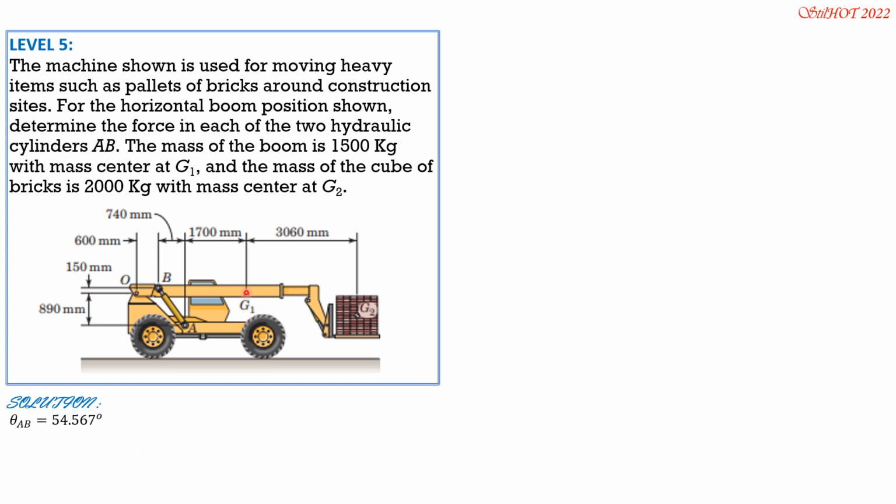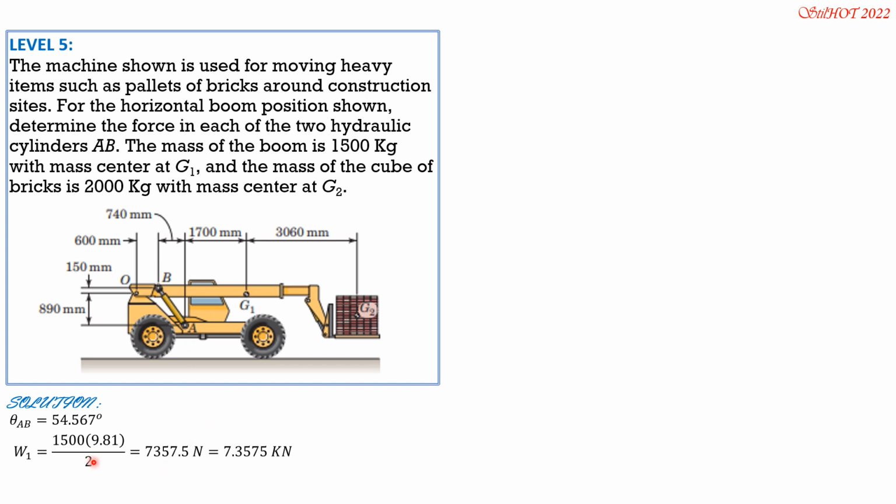So weight 1 is mass divided by 2 times 9.81 in Newton. So 1,500 times 9.81 over 2. We divide it by 2 so that we can solve for the force in AB alone. Take note, there are two hydraulic cylinders AB. So we only transmit it to just one.